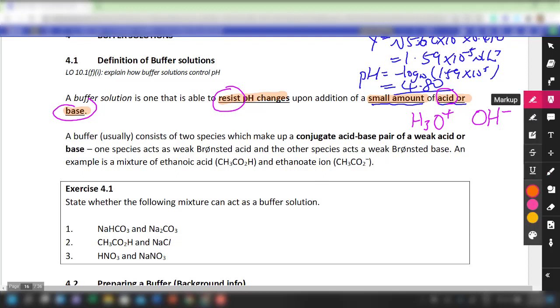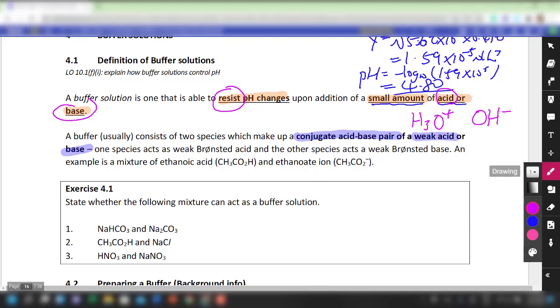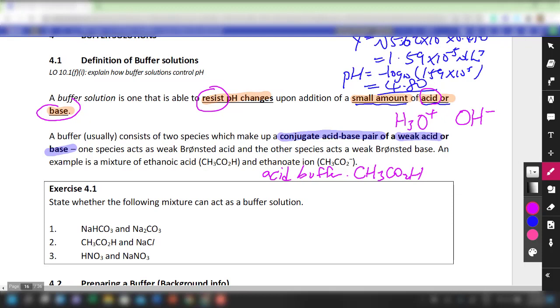Another thing you might want to take note of for a buffer solution is that it usually consists of a conjugate acid-base pair of a weak acid or base. Let me give you two simple examples. An acidic buffer should contain ethanoic acid, being the weak acid, and its corresponding conjugate base or salt, in this case ethanoate.